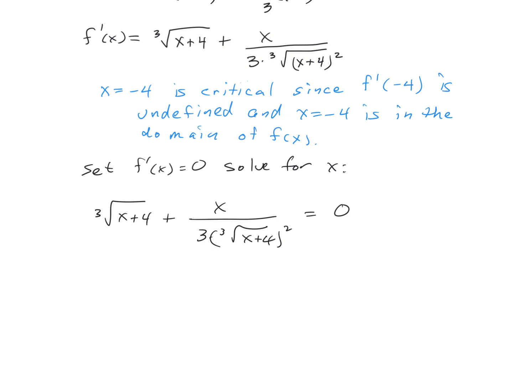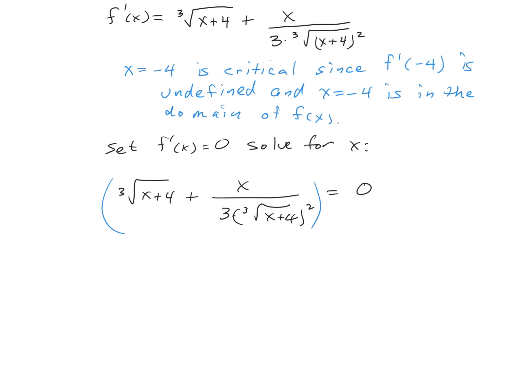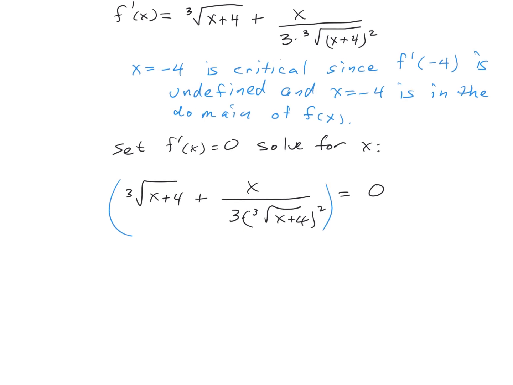So first thing we'll do is multiply both sides of this by 3 times the cube root of x plus 4 squared.